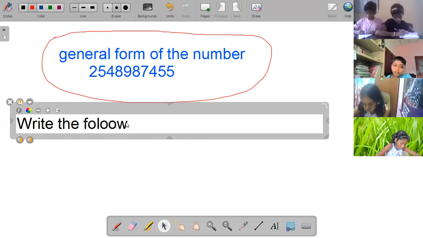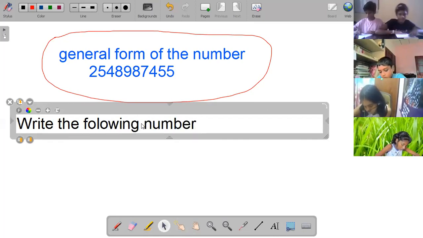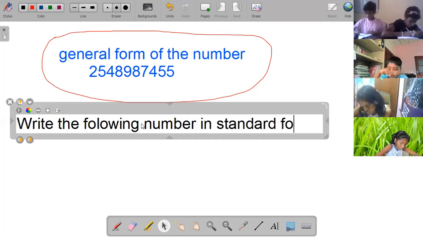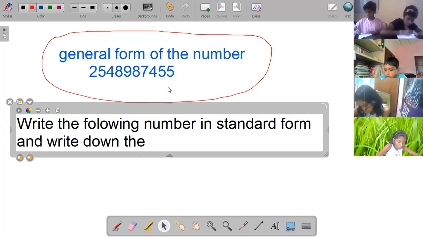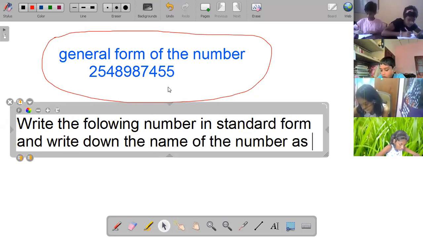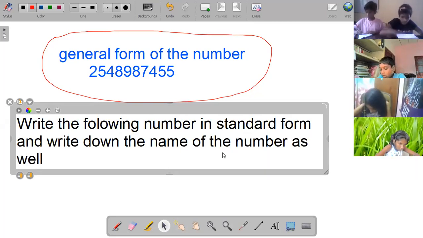Write the following number in standard form and write down the name of the number as well. Right?